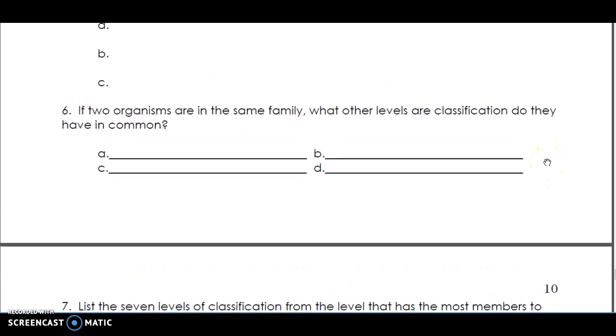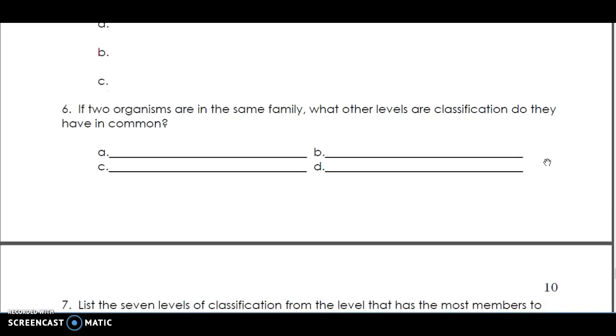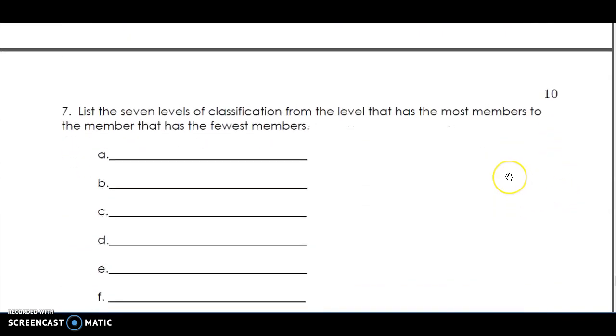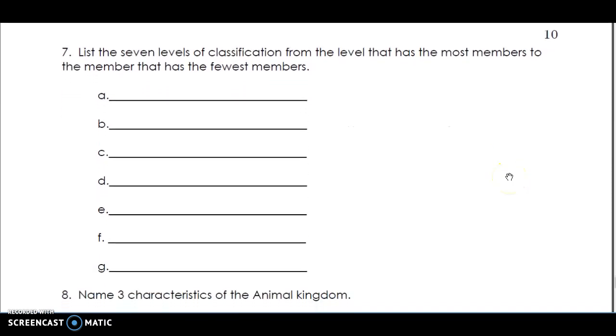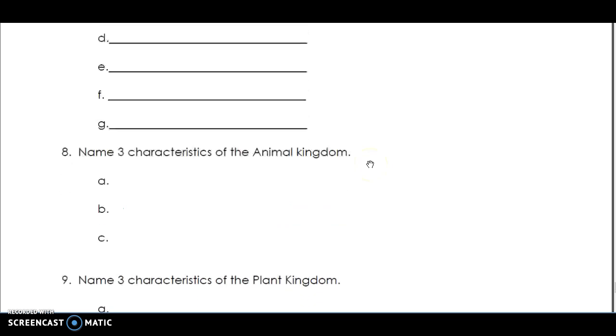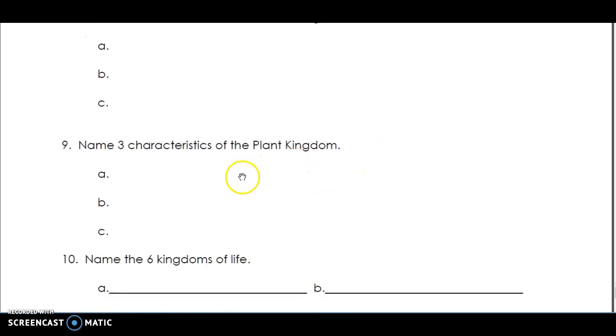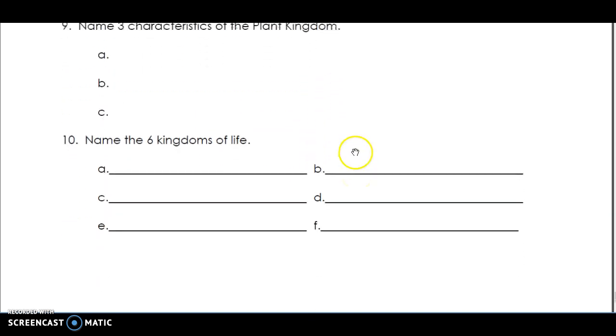You may have to refer to Reading Guide A to find the answer to this. 7, list the 7 levels of classification from the level that has the most members to the level that has the fewest members. So I'll give you a hint. A should be kingdom. 8, name 3 characteristics of the animal kingdom. 9, name 3 characteristics of the plant kingdom. And 10, name the 6 kingdoms of life.